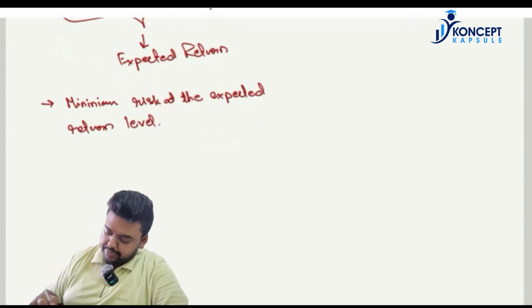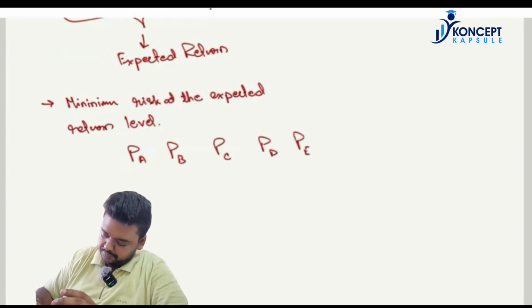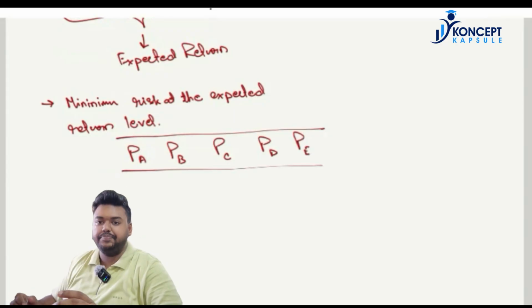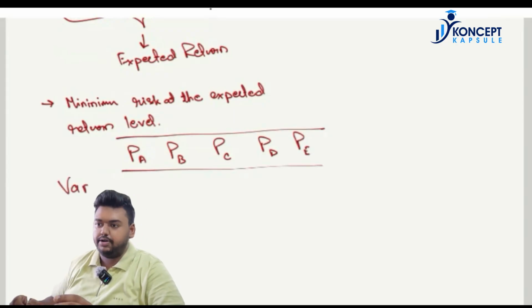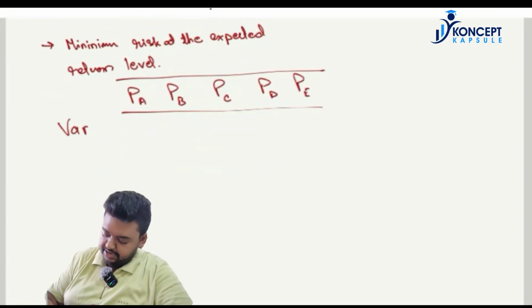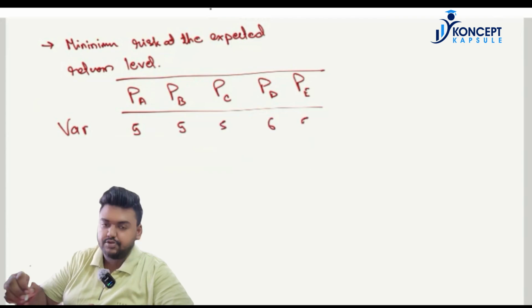Suppose there are five portfolios: portfolio A, portfolio B, portfolio C, portfolio D, and portfolio E. Suppose the risk, or the variance, is given as 5 units, 5 units, 5 units, 6 units, and 5 units.